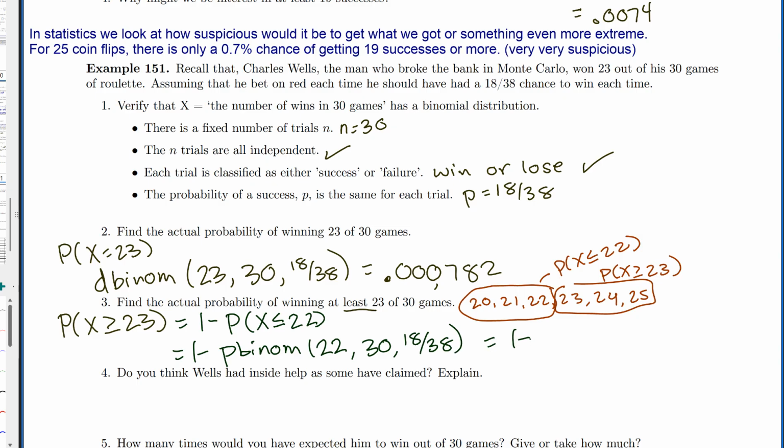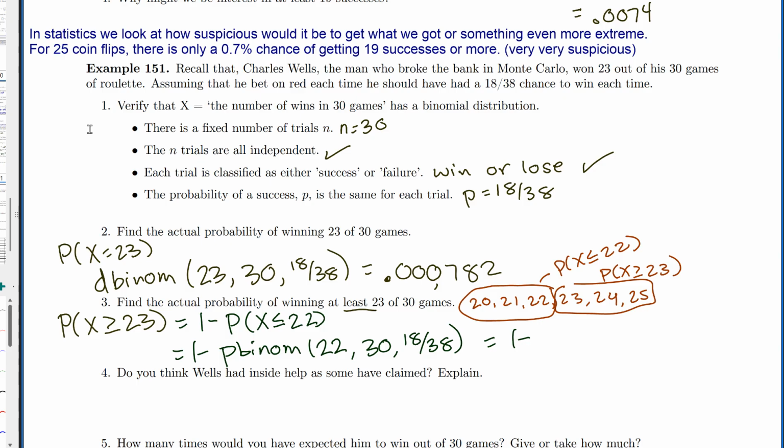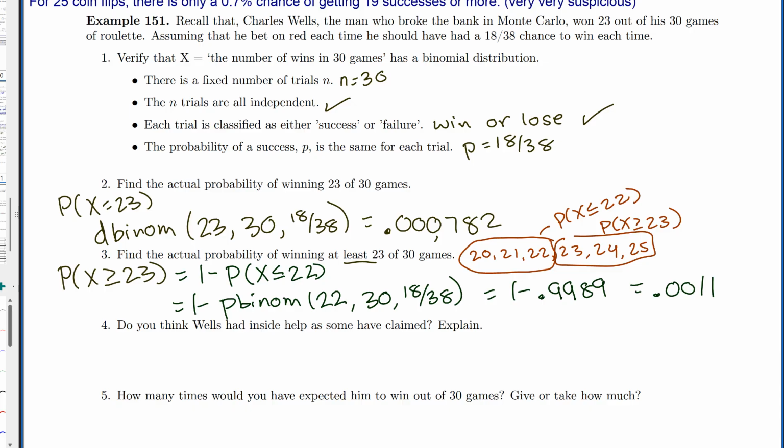Let's go figure out what we get here. So p binom, I got 0.9989. So 1 minus 0.9989 gives me a 0.0011 chance here. So do you think that Wells had some inside help, as some have claimed, and explain this?